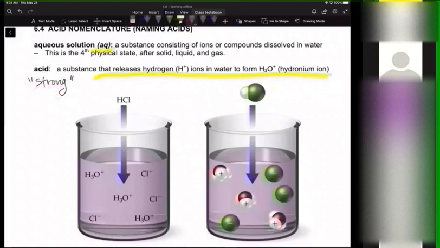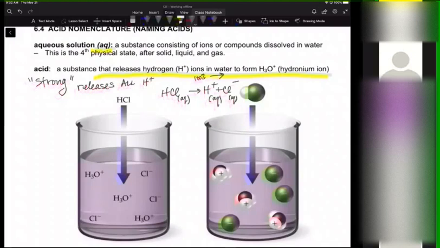That means it releases all of its H+. So that gives us a one-way arrow. HCl aqueous goes immediately to H+ plus Cl minus. So 100% towards products. So what that means is there's no molecules of neutral HCl.